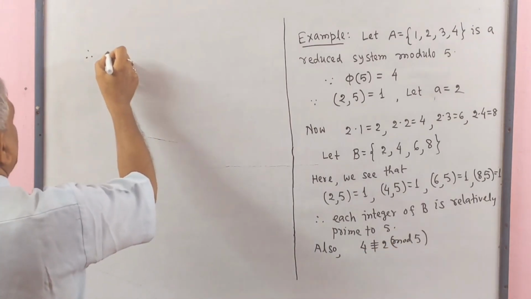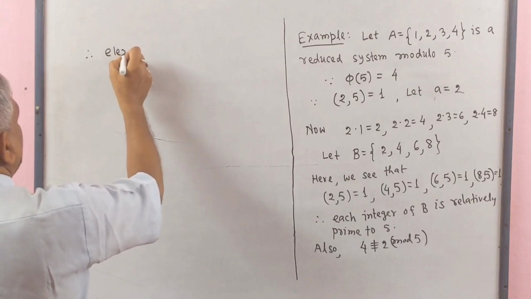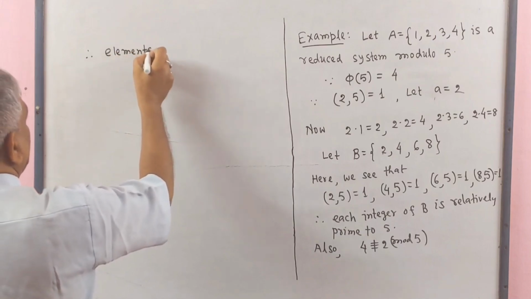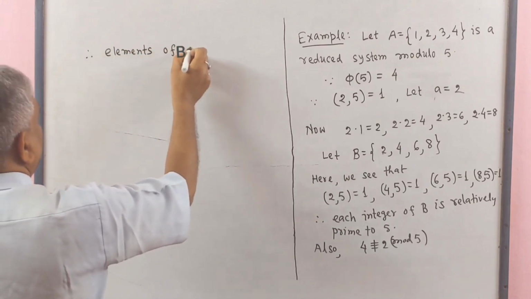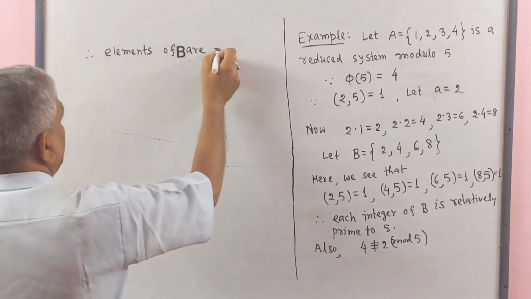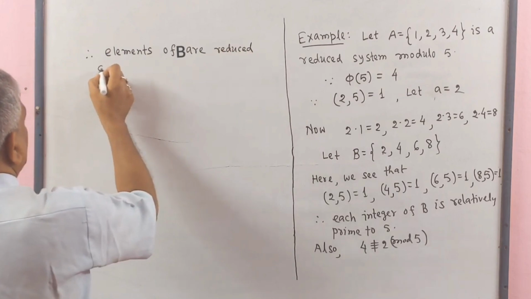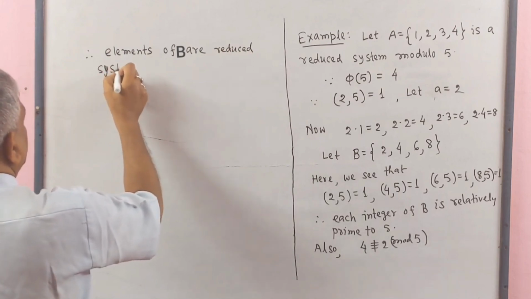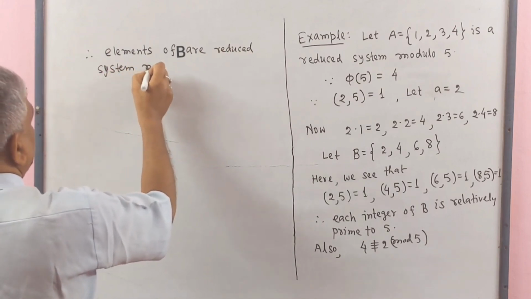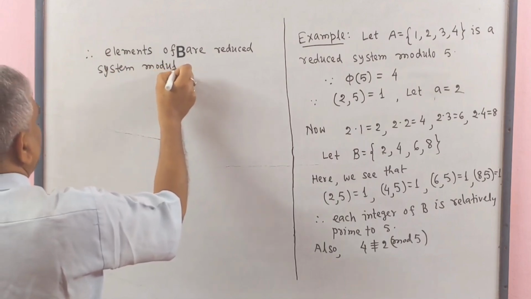Therefore, elements of B are a reduced system modulo 5.